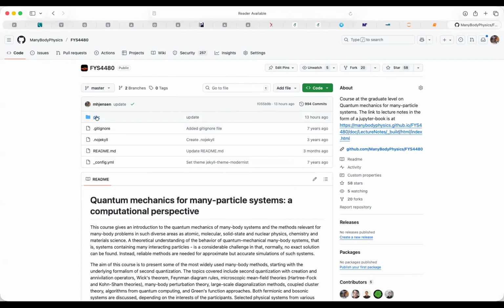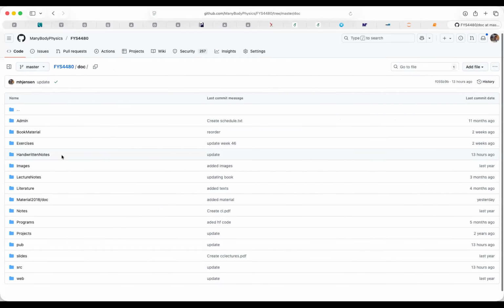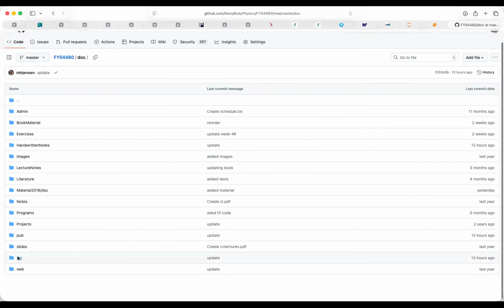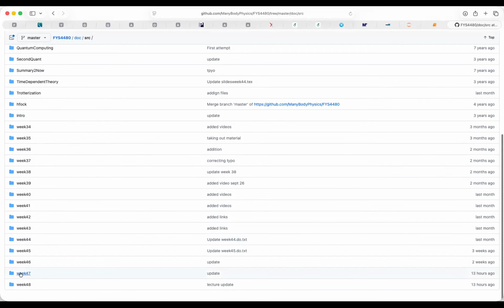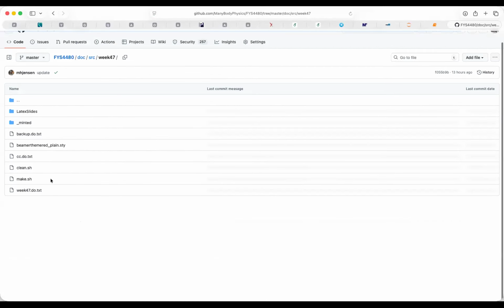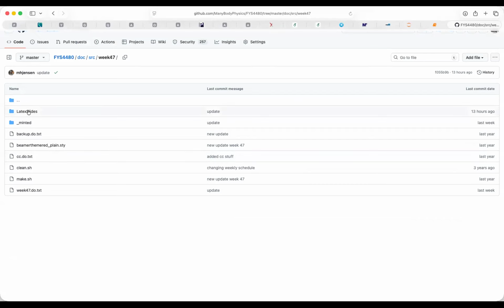If you go into the doc folder, then to SRC, which stands for source, and go, for instance, to week 47, there is something called LaTeX slides. This contains the slides which you saw now on coupled cluster theory.